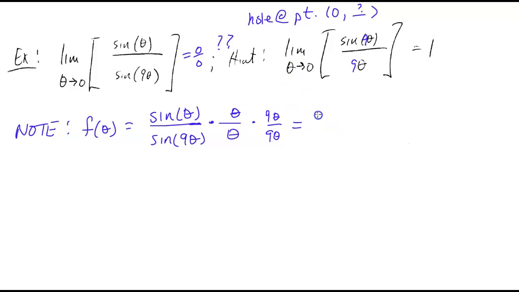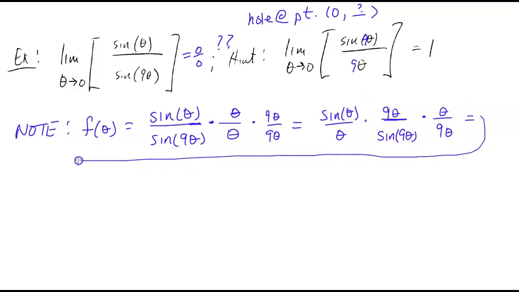And if I do this and rearrange the way that this looks, then I'll have a sine theta over theta. If I use these two together, I will have 9 theta over sine of 9 theta. If I use these two, and then what I have left here is a theta over 9 theta. Okay.